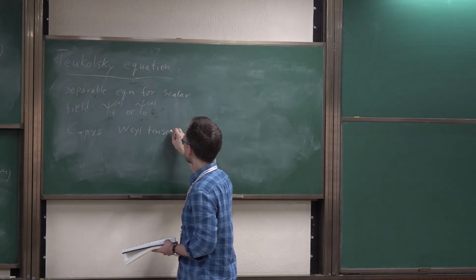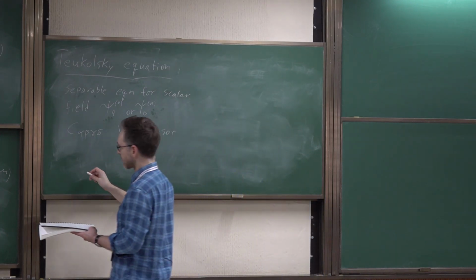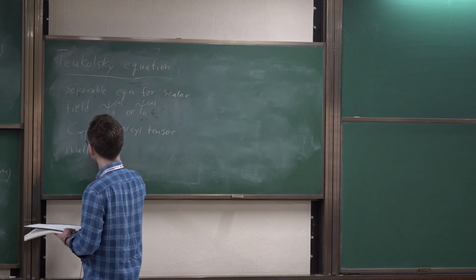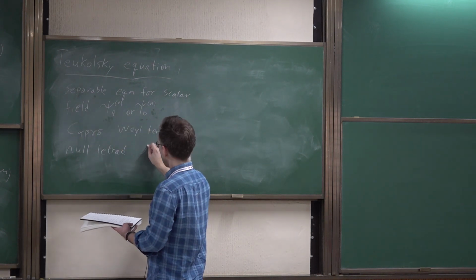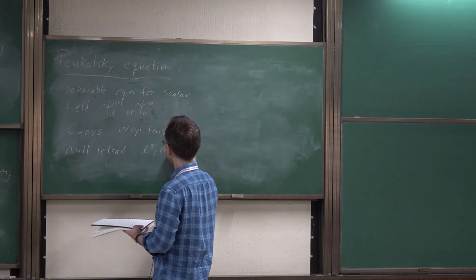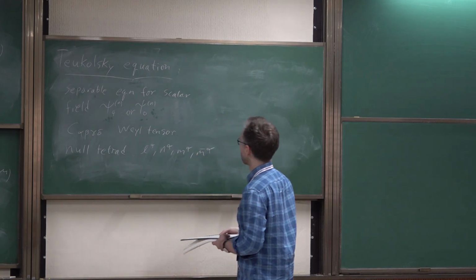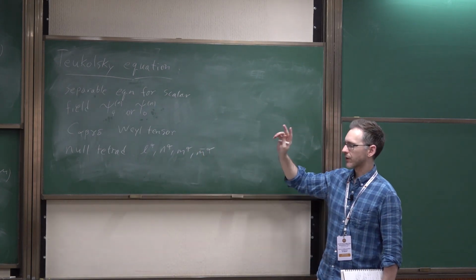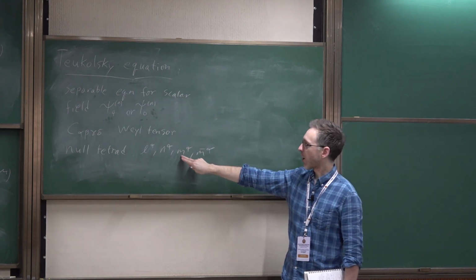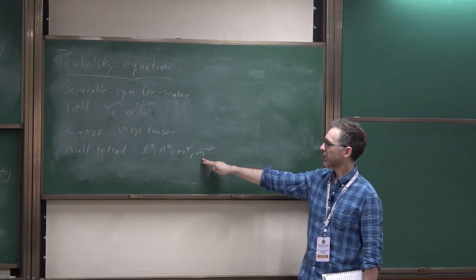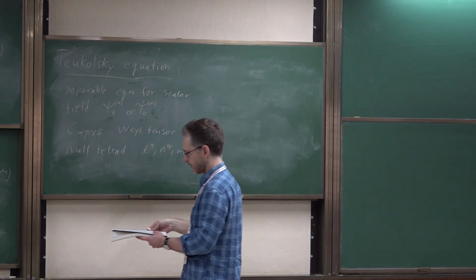And we construct scalars from it, Weyl scalars, by introducing a null tetrad: l^alpha, n^alpha, m^alpha, m-bar^alpha. Previously, I was using bar for trace reversal. This bar denotes complex conjugation. So this is a complex vector, and this is its complex conjugate. Each of these is a null vector.